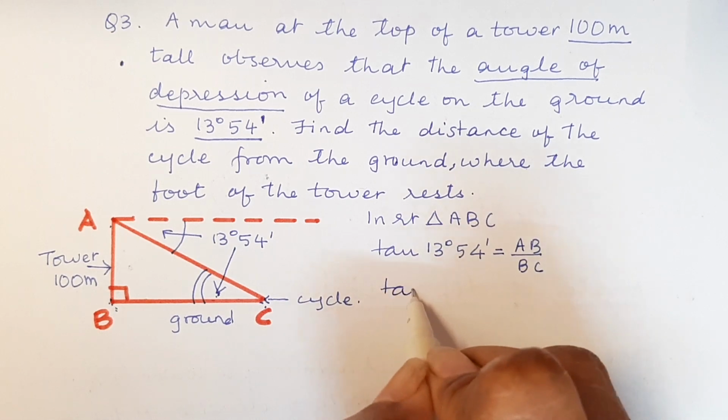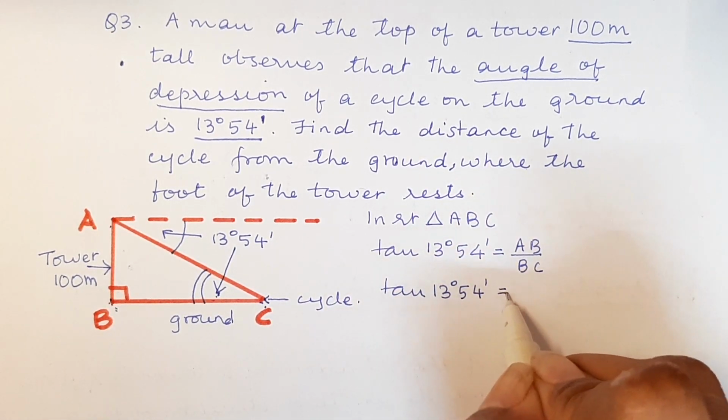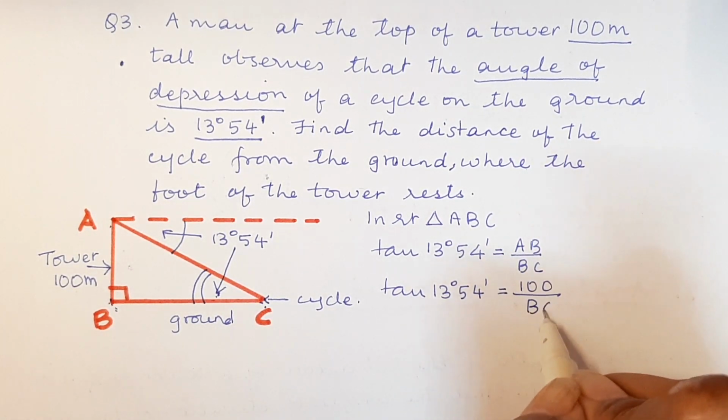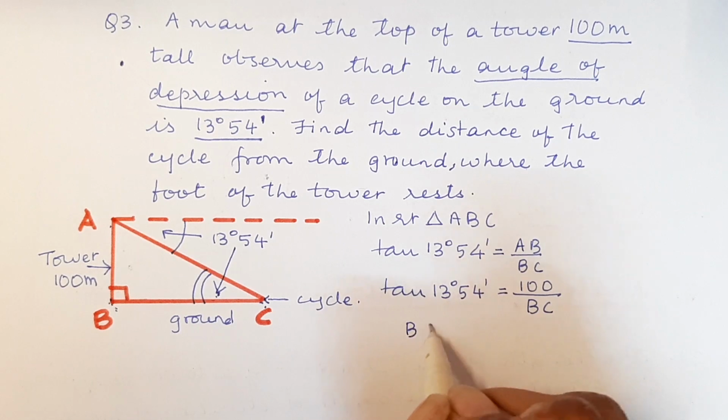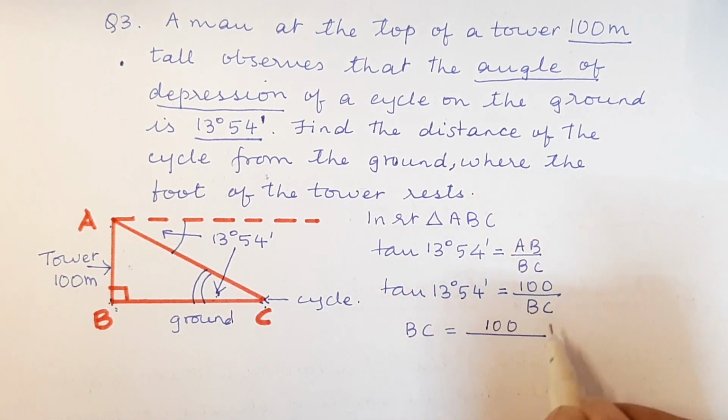And so tan of 13 degrees and 54 minutes will be 100 upon BC. Now BC will therefore be equal to 100 upon tan 13 degrees and 54 minutes.